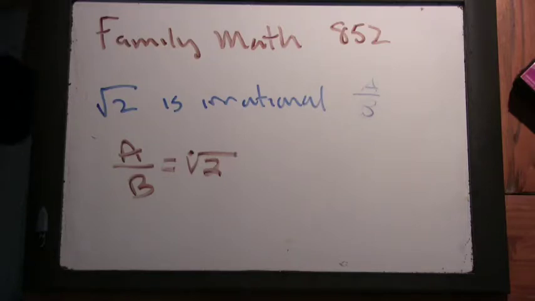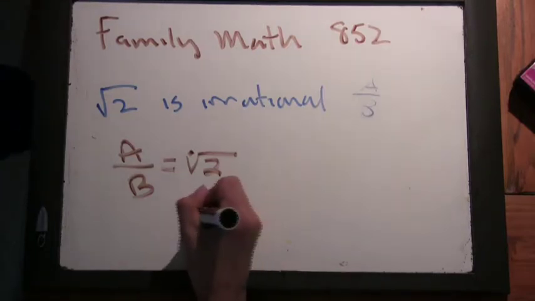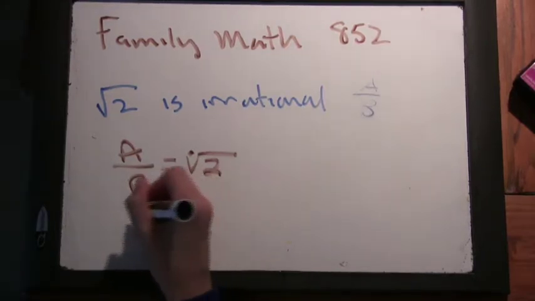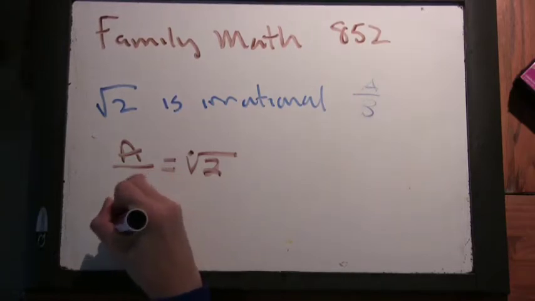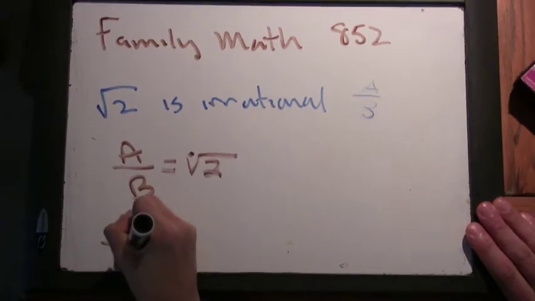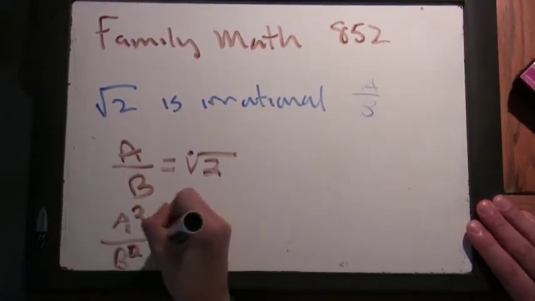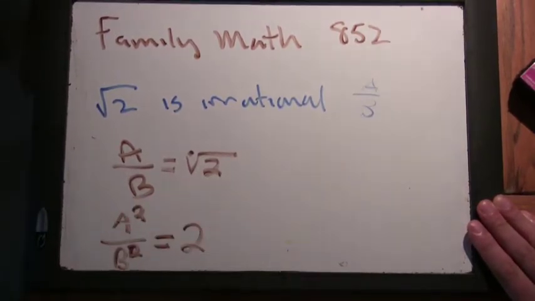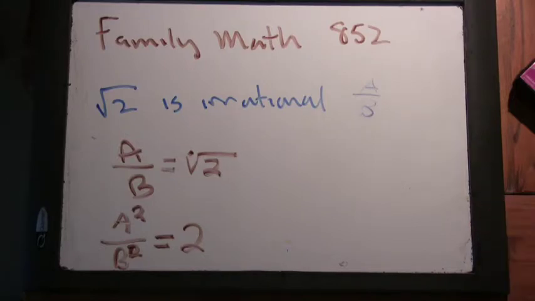Well, if you square it, it's 2. Okay, so I guess we could square both sides. Now we would know that A squared over B squared is 2.